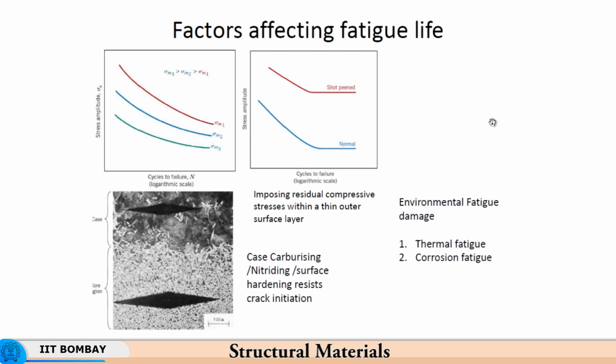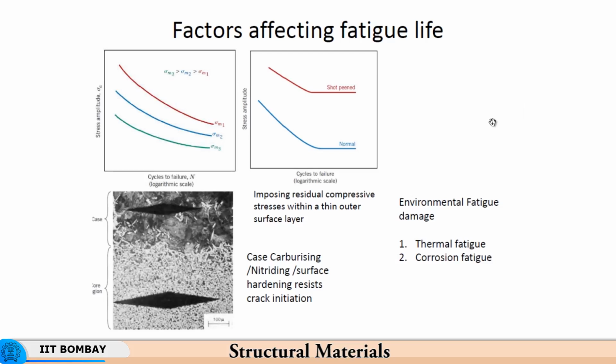Besides, as the number of cycles to failure increases, the stress that is tolerated by the material has to decrease, even the mean stress has to decrease. So, what this means is that when the material is subjected to fatigue loading, if you want it to withstand infinite life, then even the sigma mean has to be sufficiently low.